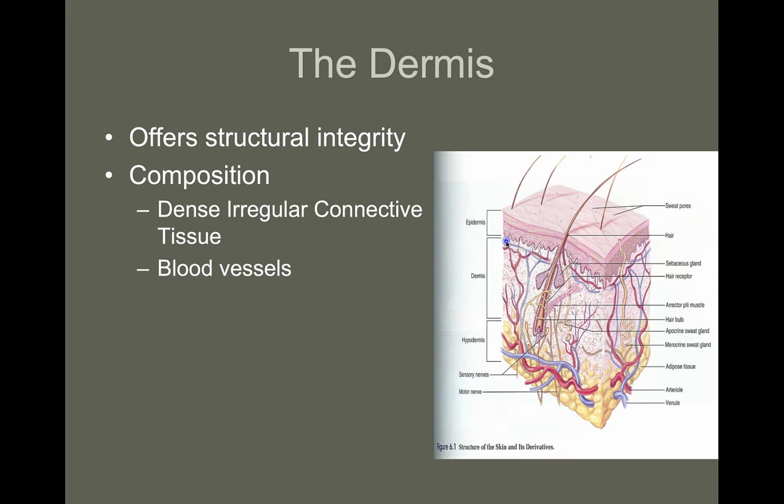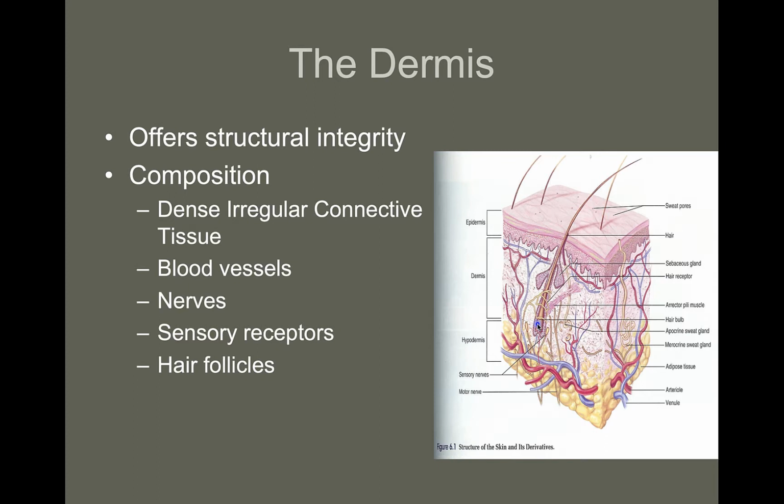And so those blood vessels and nerves are able to move through that tissue in that extracellular matrix. We'll also find a lot of sensory receptors down here, giving us information about pain or heat or touch. And then we'll see that we've got our hair follicles here coming out of that dermis and protruding through our epidermis and then into the external environment.